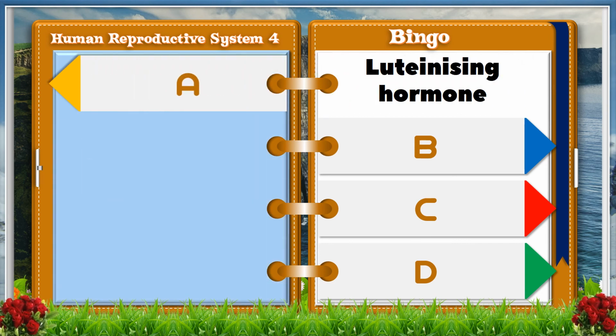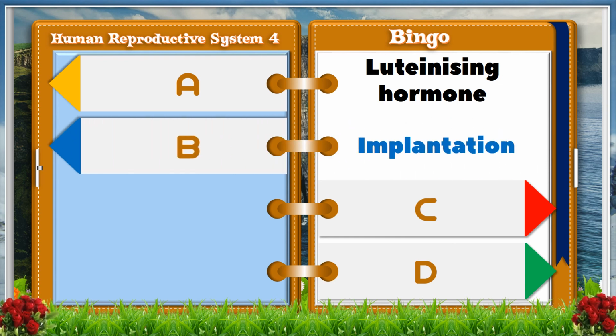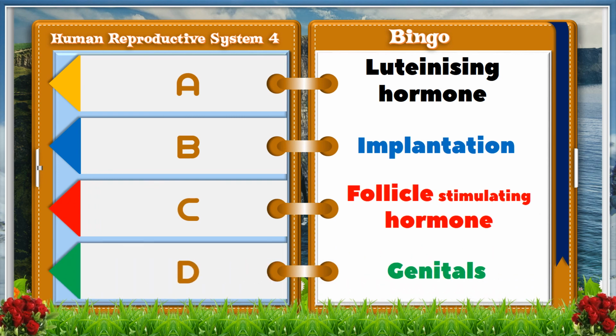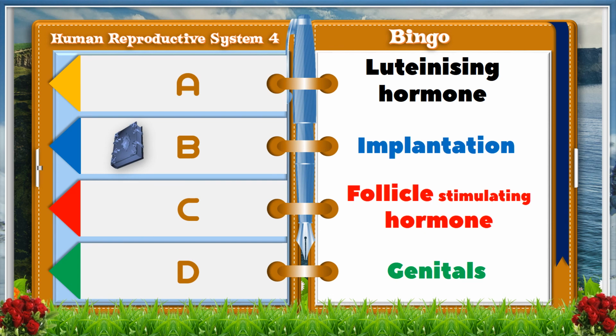A. Luteinizing hormone. B. Implantation. C. Follicle-stimulating hormone. D. Genitals. And the answer is B. Implantation.